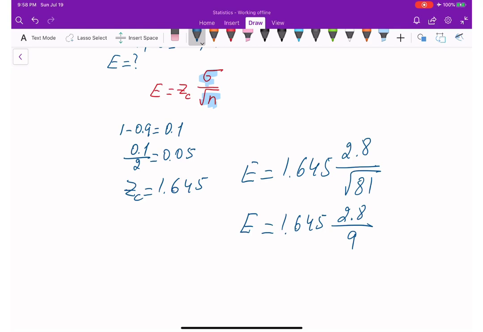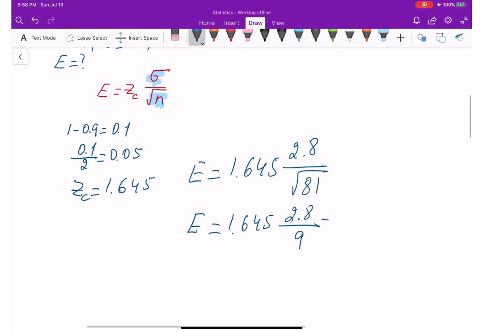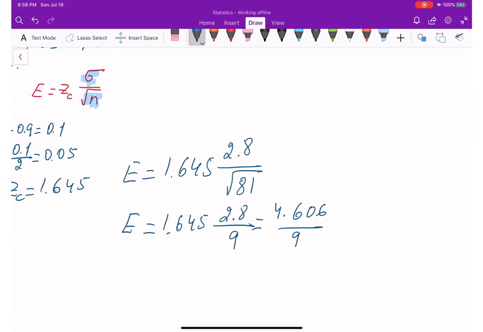As I mentioned before, you do not round any number during the multiplication. 1.645 times 2.8 is equal 4.606. And dividing by 9, I'm getting 0.511 and repeating.